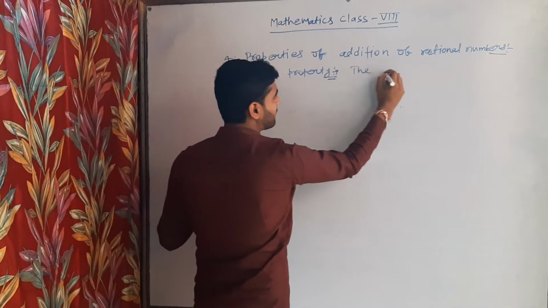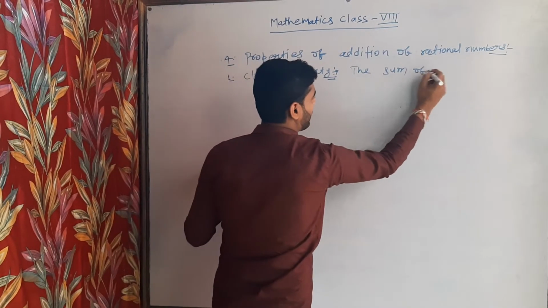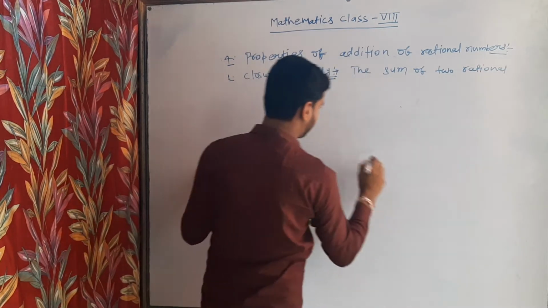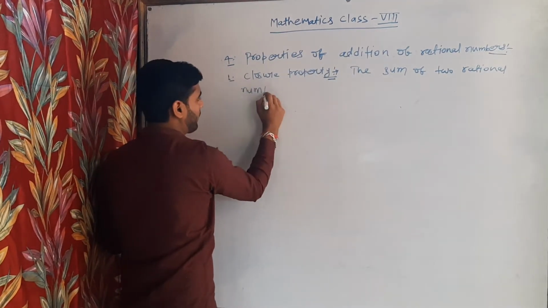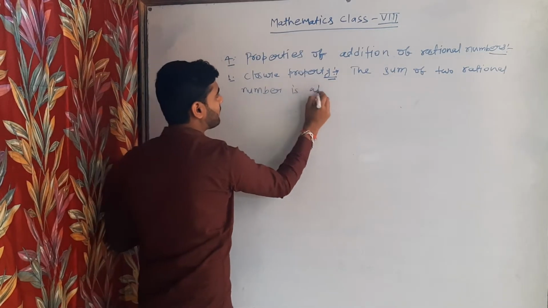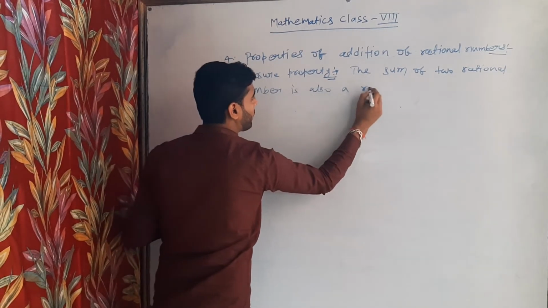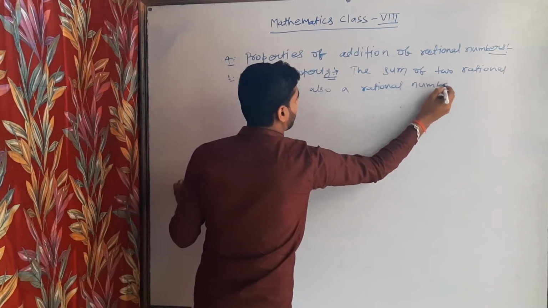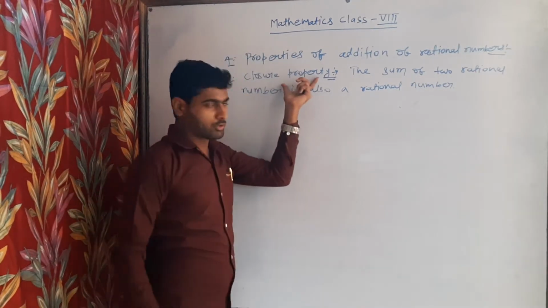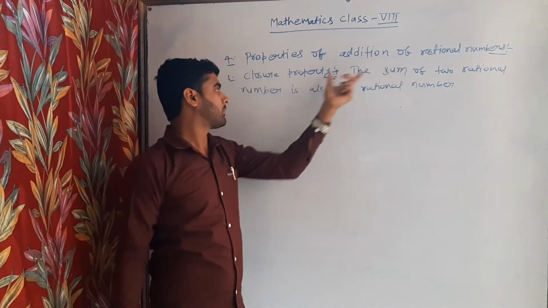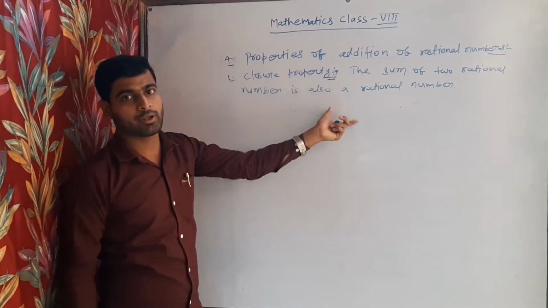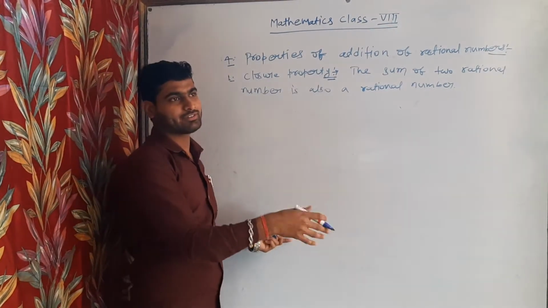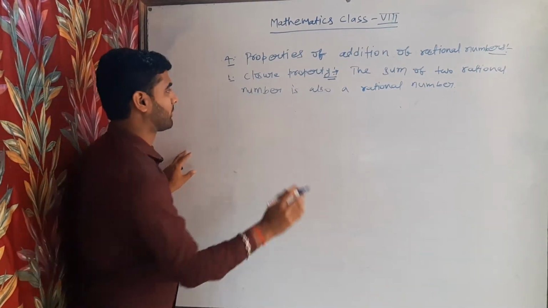The sum of two rational numbers is also a rational number. Closure property: the sum of two rational numbers is also a rational number. When we add two rational numbers, the result is also a rational number.